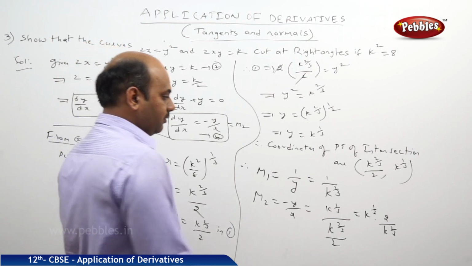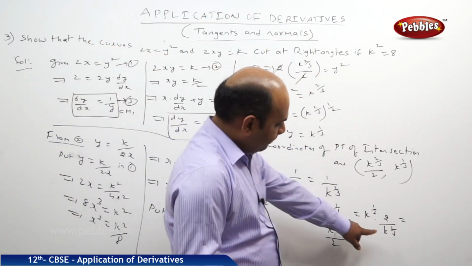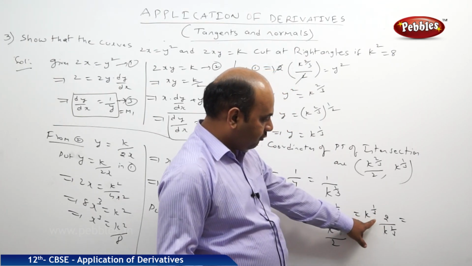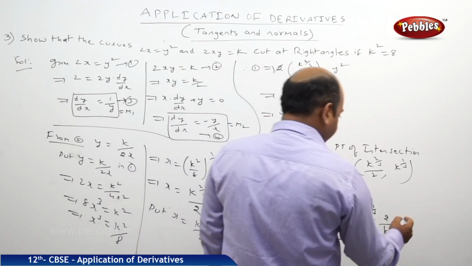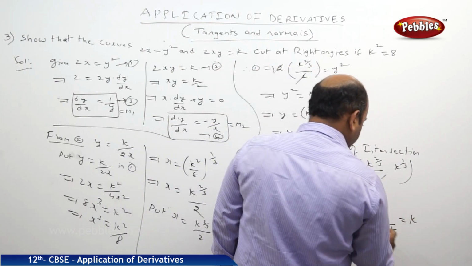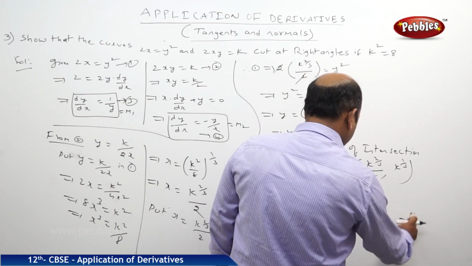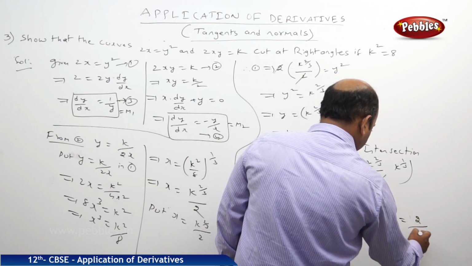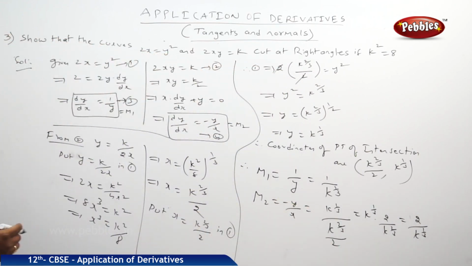That is equal to 2 into k power 1 by 3 minus 2 by 3, which is k power minus 1 by 3. So this gives 2 upon k power 1 by 3.